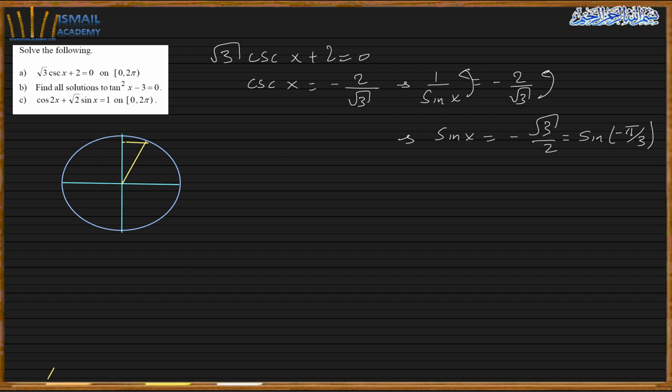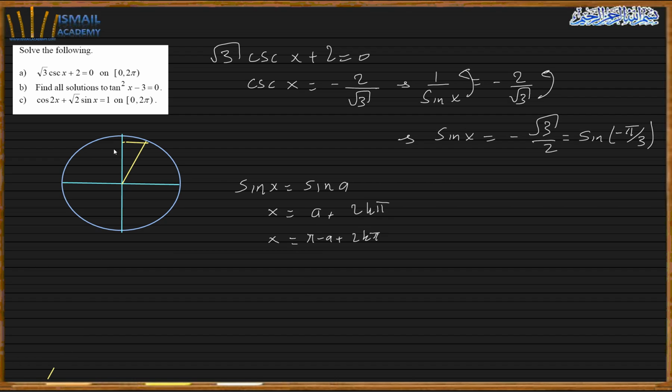I know that if sine of x equals sine of a, that means x will be either a plus 2k pi, or x will be pi minus a plus 2k pi. This is how we solve sine using the circle. Why?